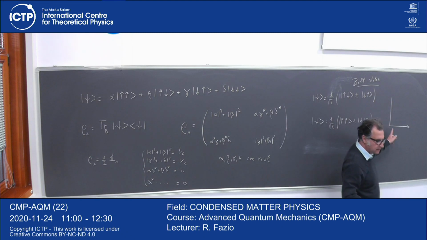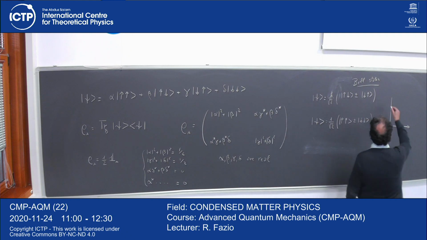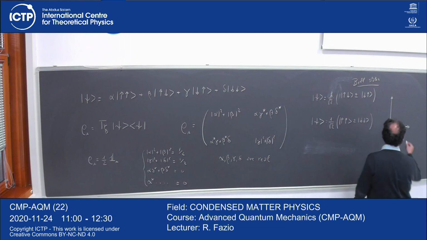Do you see here? This is still okay, right? Yes. Okay. So, let's say this is X and this is Z. Do you remember there was a north pole and a south pole? So this is up and this is down, okay?